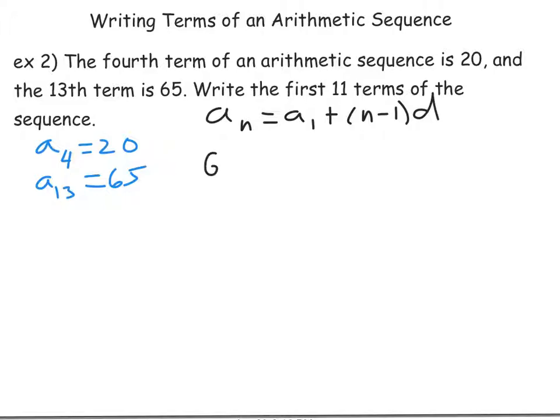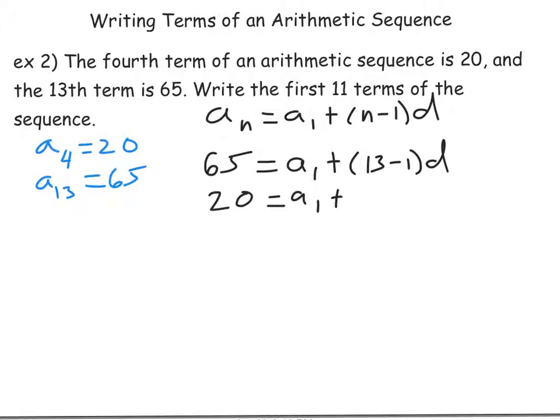Let's start with the first one. If we're talking about the term in the sequence that's 65, that tells us nothing about the first term. It does tell us that n is 13, and we still don't know d. 20 is the 4th term, so I could put in 4 for n, and there we go.